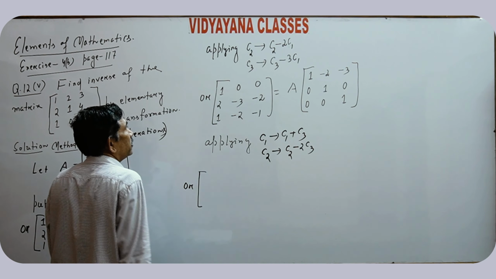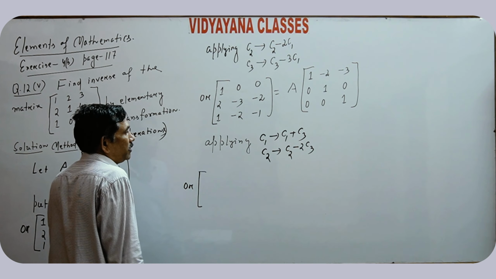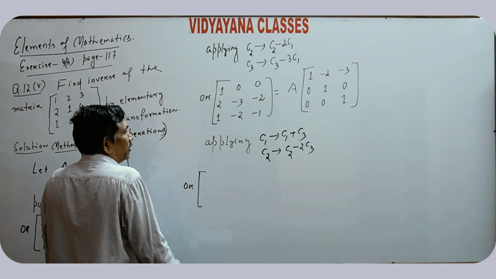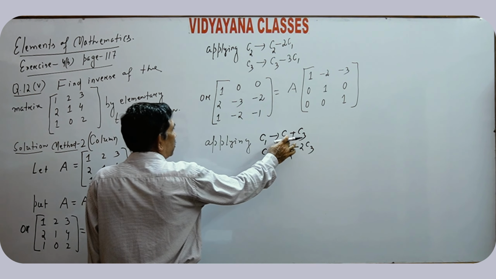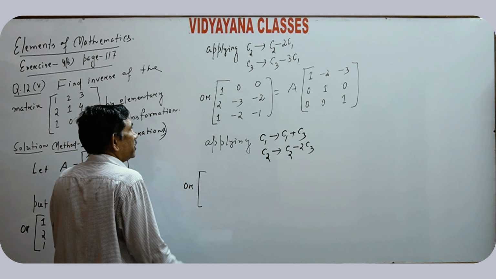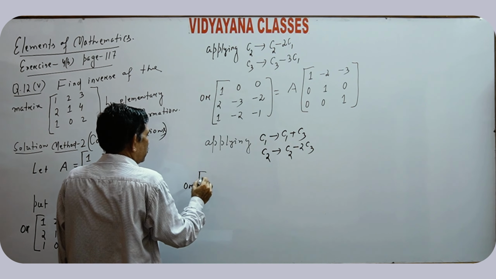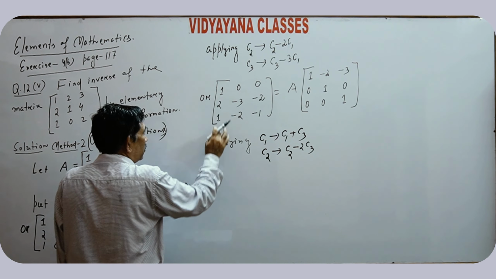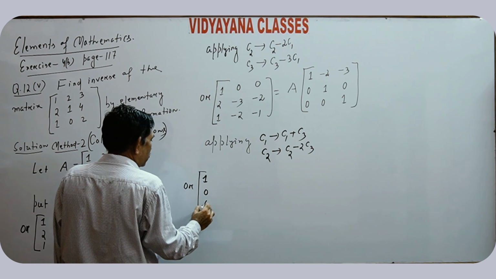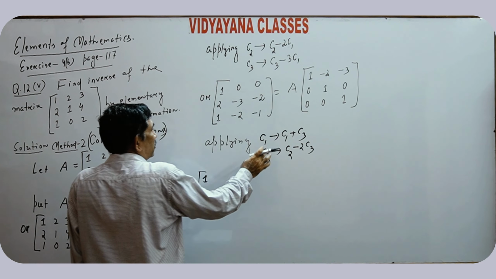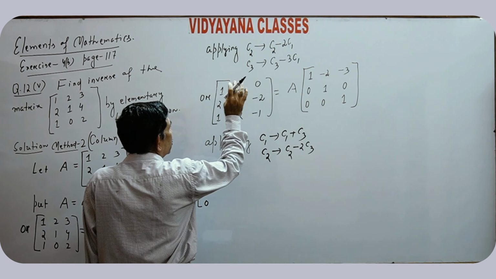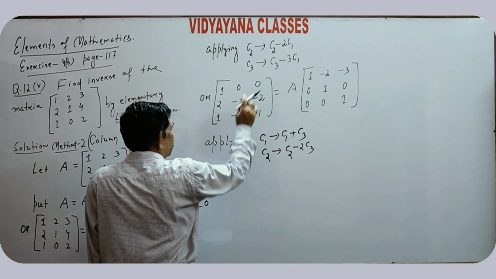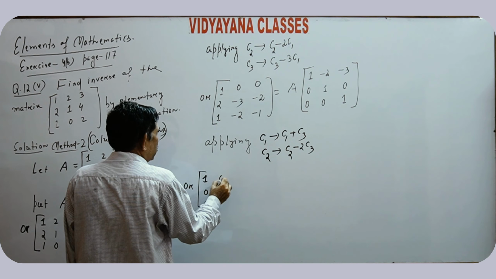This gives, without changing the elements of column 3: column 1 is replaced by column 1 plus column 3. 1 plus 0 is equal to 1. 2 plus minus 2 is equal to 0. 1 minus 1 is equal to 0. C2 minus 2 times C3: 0 minus 2 times 0 is equal to 0.